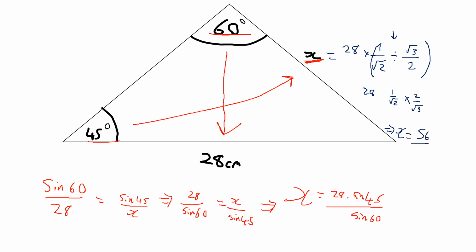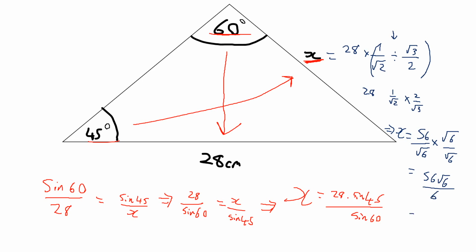And so we're left with an answer of 56 over root 6. But again, we can't leave our answer like this. So if we times both top and bottom by root 6, we get an answer of 56 root 6 over 6.